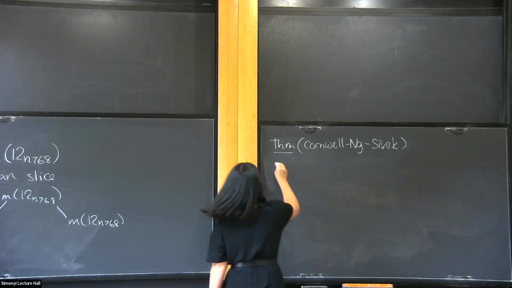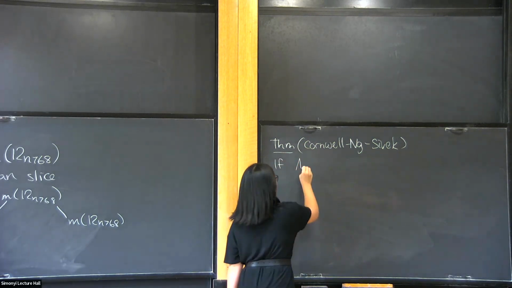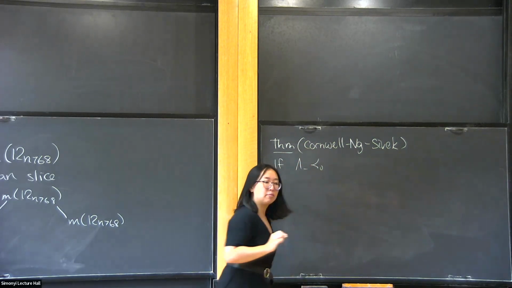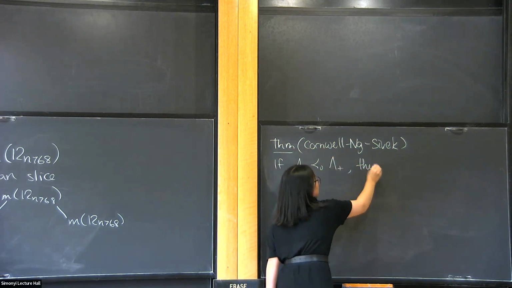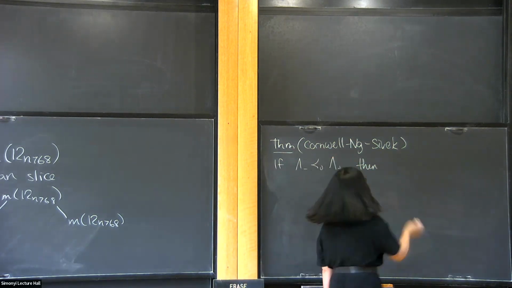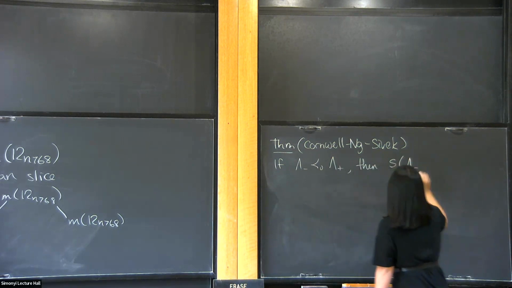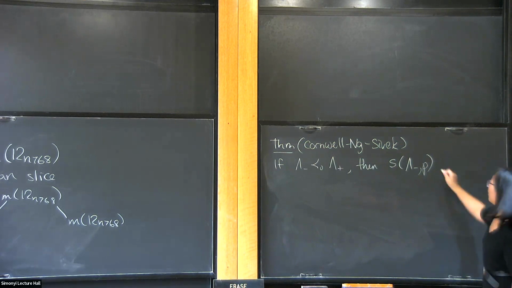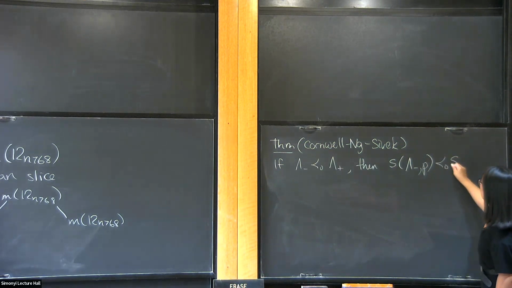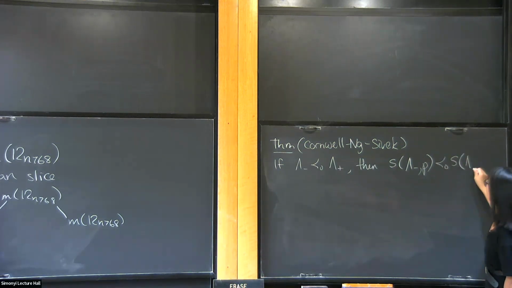It says if I have a concordance from lambda minus to lambda plus, then I can take any satellite of lambda minus with any satellite pattern, and this is going to be concordant to the satellite of lambda plus with the same satellite pattern.